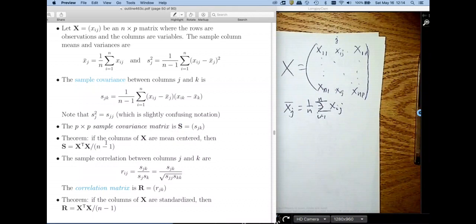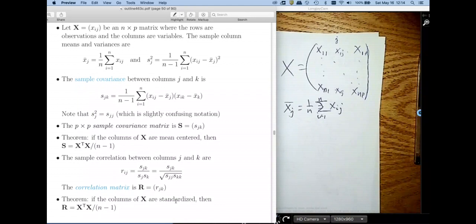The first one is whenever my columns of X are mean-centered, then if I take X transpose X and I divide by n minus 1, I get the covariance matrix. So important to note, when X is mean-centered, I get the covariance matrix when I compute this product.